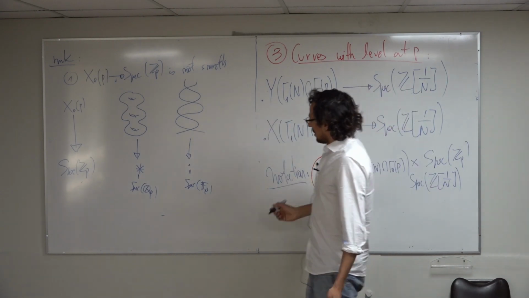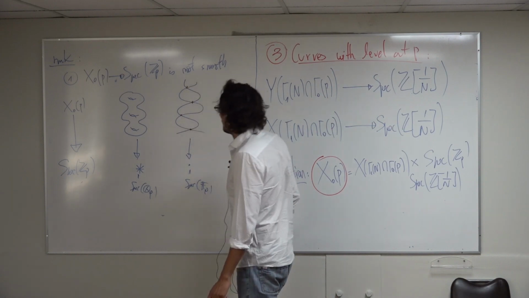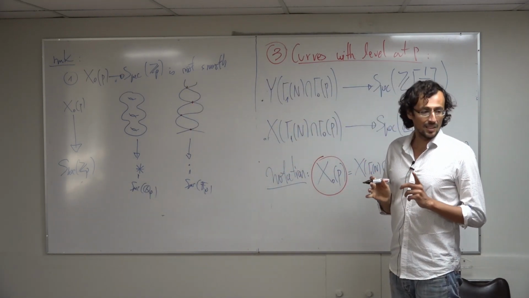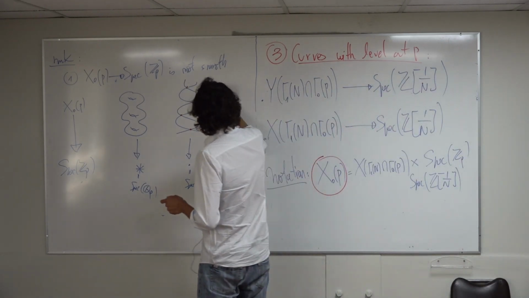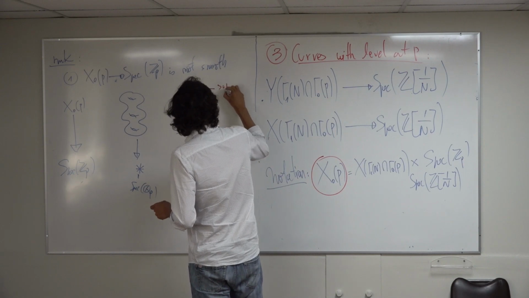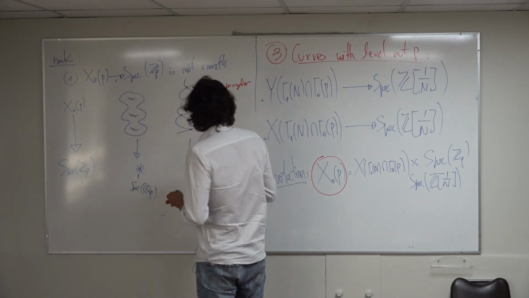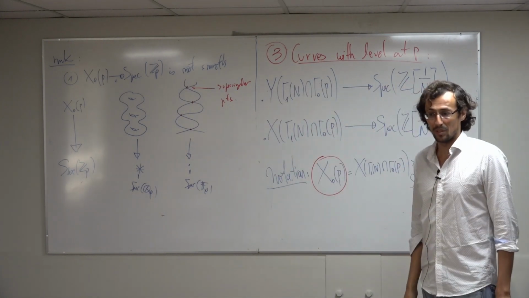Again, the points that appear in these crossings are exactly the supersingular points. So that corresponds to elliptic curves over F_p which are supersingular.